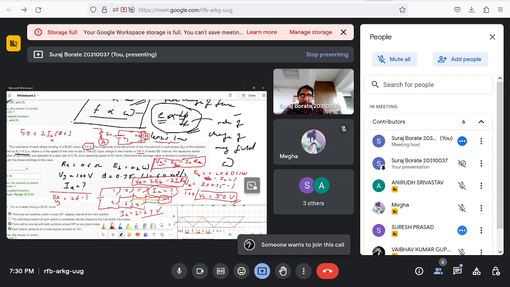So if this is the voltage given, you will get IA RA minus EB ideally. Now since here you have two windings, we multiply by 2.